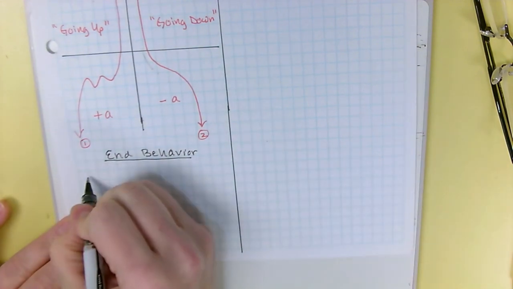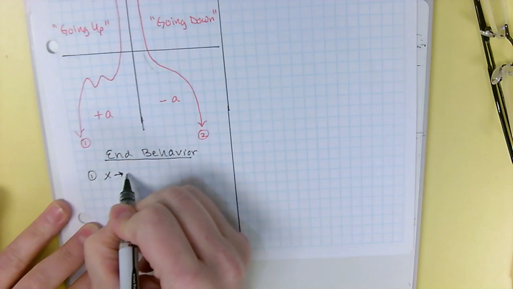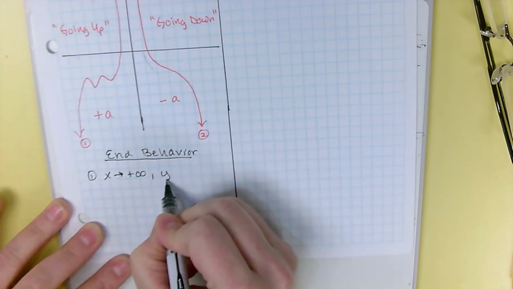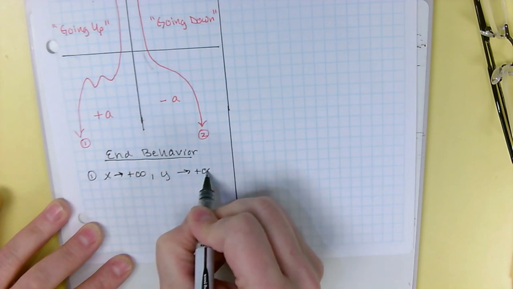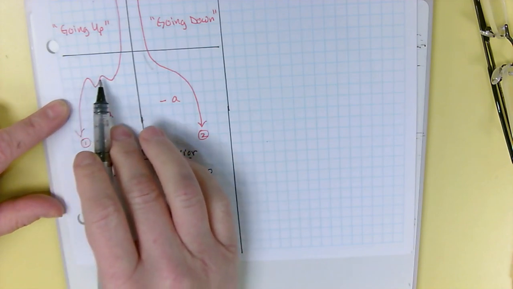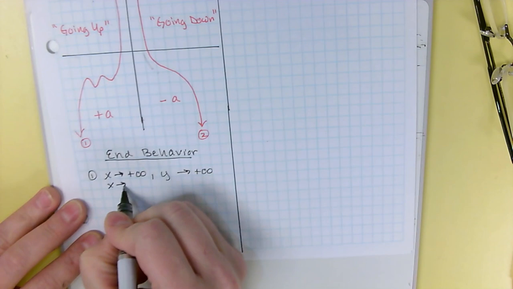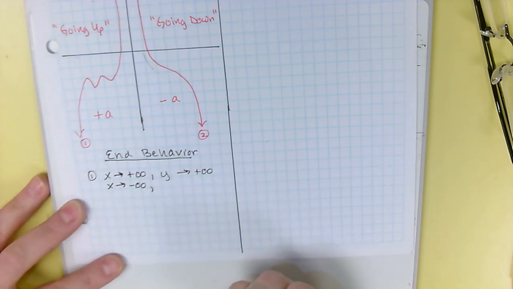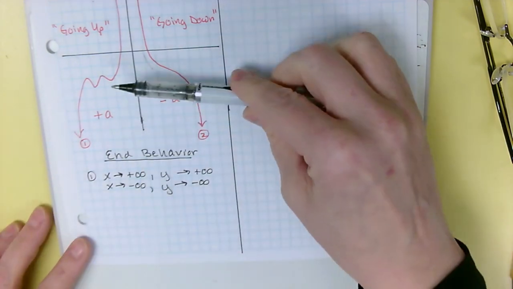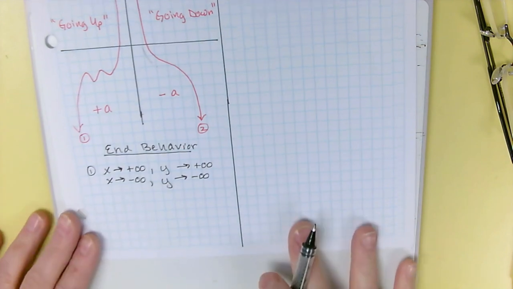For the end behavior of curve 1, we say as x approaches positive infinity, that means as x goes to the right, y approaches positive infinity, the y value goes up. You can see on this function, as I go to the right, the y value is shooting up. As x goes to negative infinity, as I go to the left, y also goes to negative infinity. So as I'm going to the left, this function is going downward, so the y's are getting smaller.